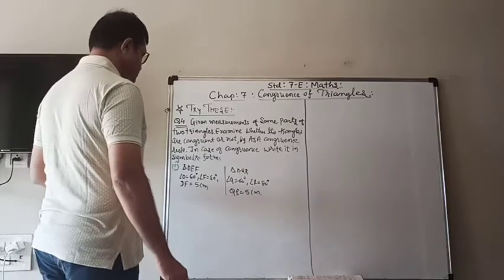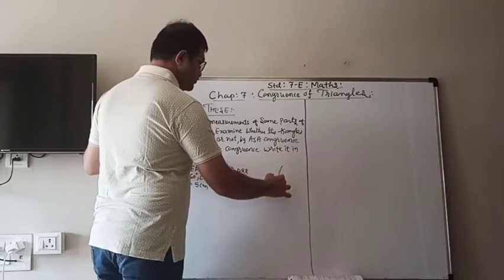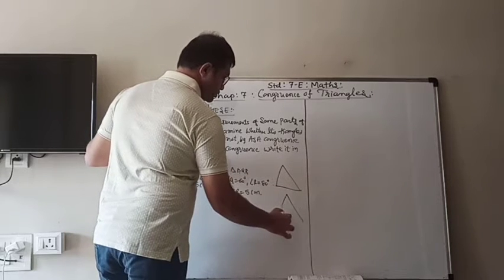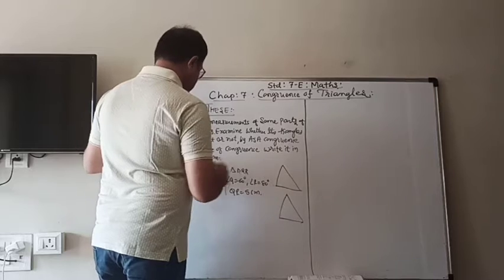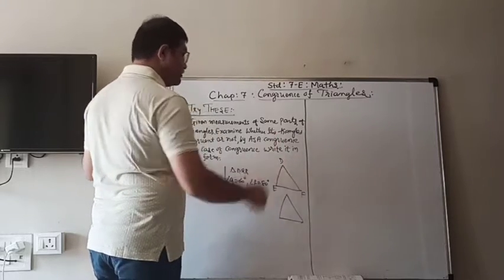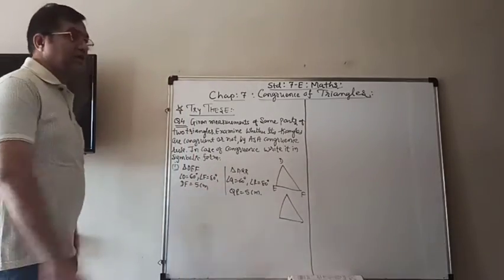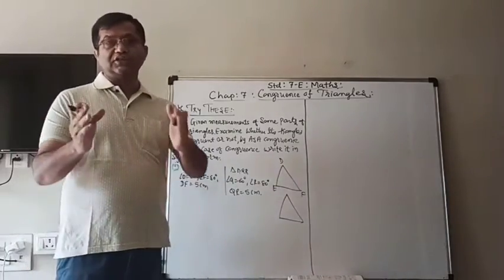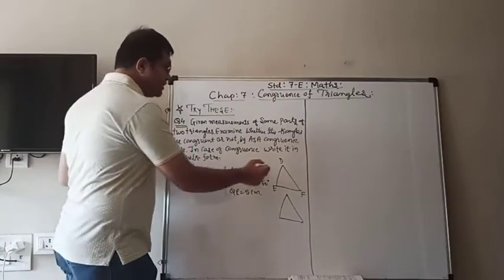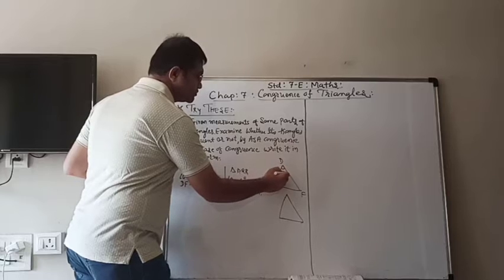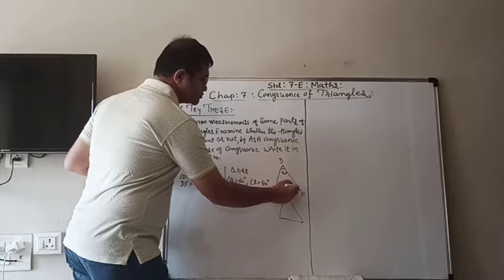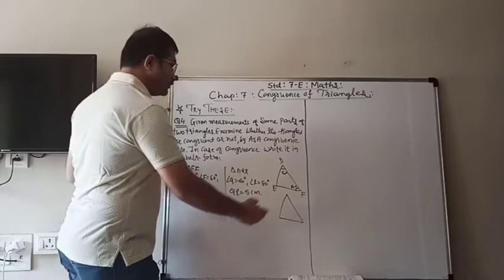So let us draw two figures. Triangle DEF. First we will give the name of only one triangle, and according to the given measurements, because we know that there are 6 correspondences. So now angle D is 60 degree, angle F 80 degree, DF 5 centimeter.